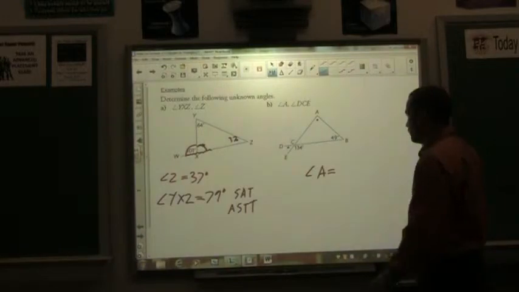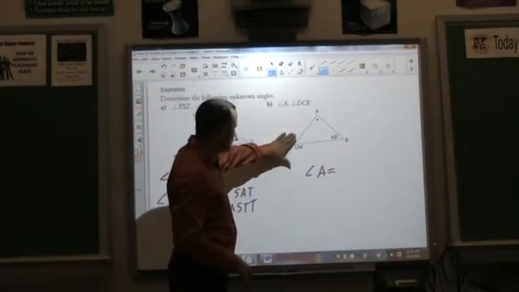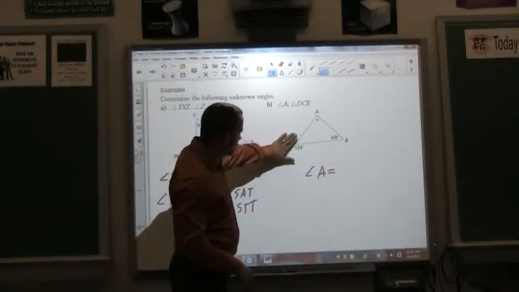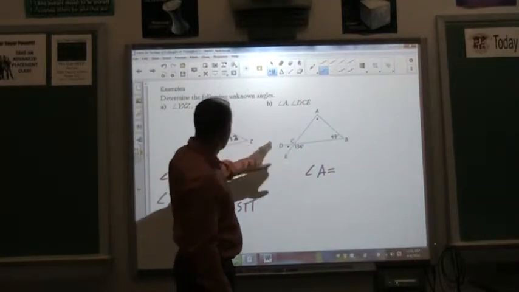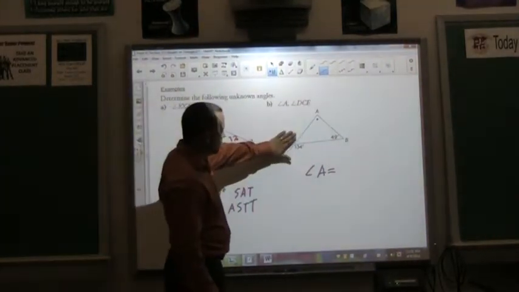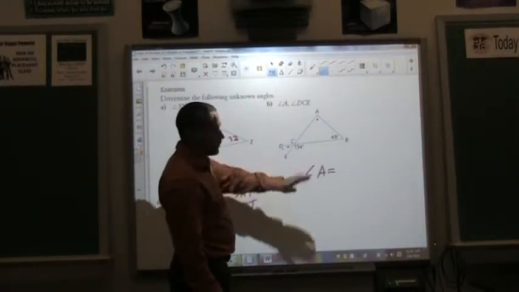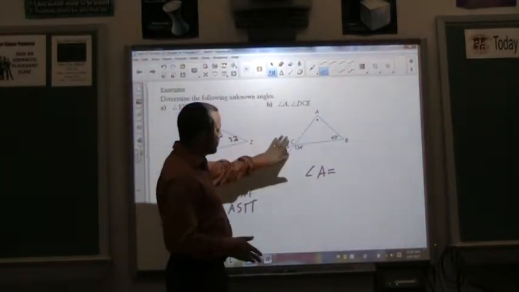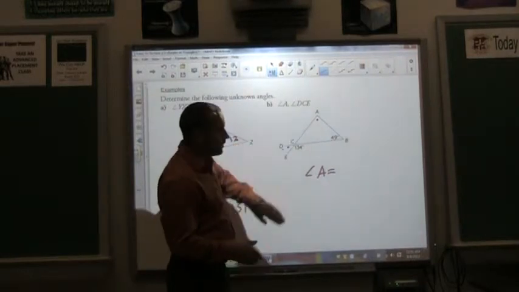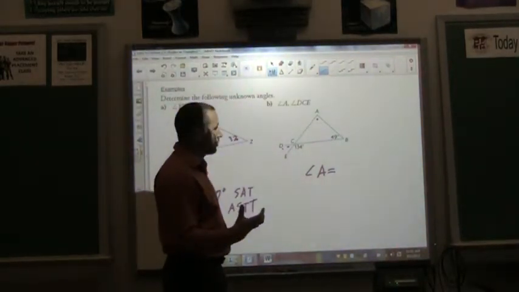Now, just to briefly mention here, if I cut this off like this, then this looks exactly like this problem over here. So it makes it a little less confusing. They extended this line, which makes it a little more confusing. But when you're doing this, you can just use your hand or a ruler to cover up any lines that you want. That makes the diagram a little easier.